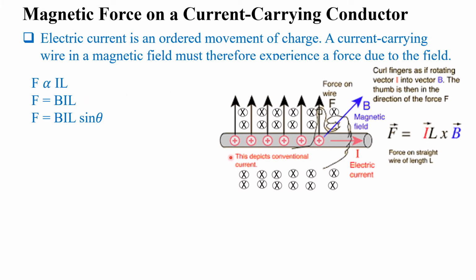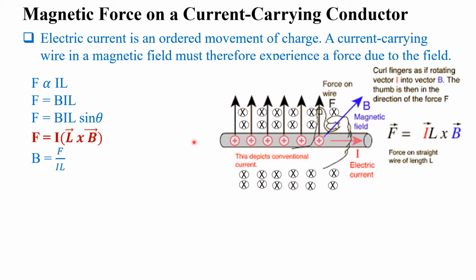If a wire is placed in the field B at some angle theta with it, then the force is F equals BIL sine theta. We can write it in vector form as F equals I into L cross B. Here we have taken the cross product of length and magnetic field induction.